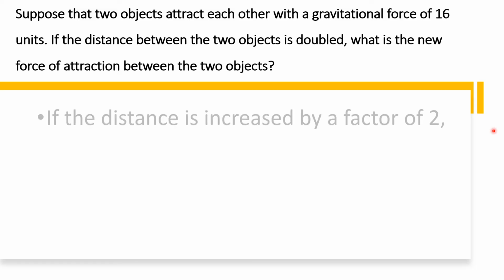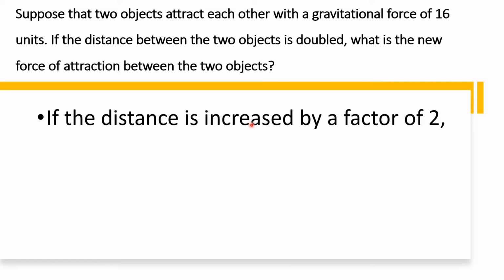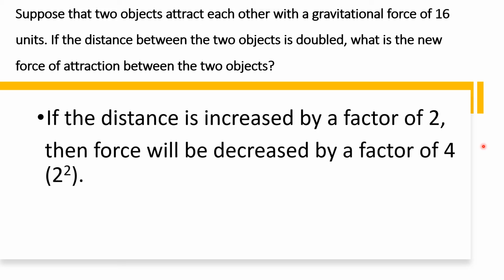By merely looking at the problem, if the distance is increased by a factor of 2, you know that distance and force are inversely proportional to the square. So, magiging sagot dyan, the force will be decreased. Nag-increase ang distance, ang force magdi-decrease kasi nga inversely proportional sila. Kaya lang, it will decrease by the factor of 4, sorry, hindi 2.